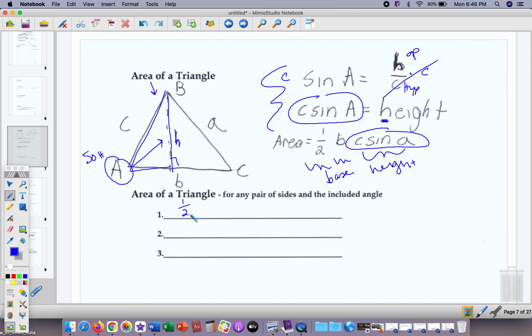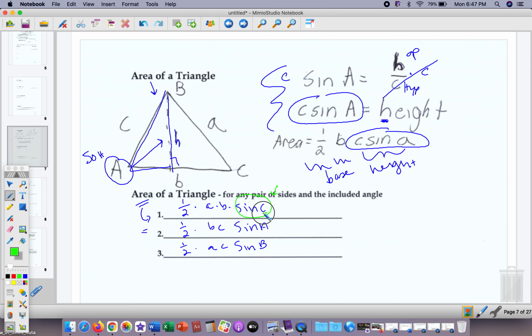So we are going to write that all areas are equal to 1/2 times A times B times sine C, 1/2 B C sine A, and 1/2 A C sine B. Notice if you have angle C, then you're going to want to go with this one.